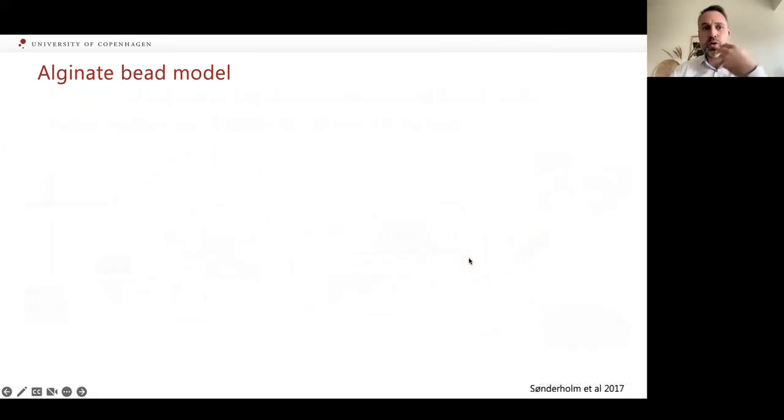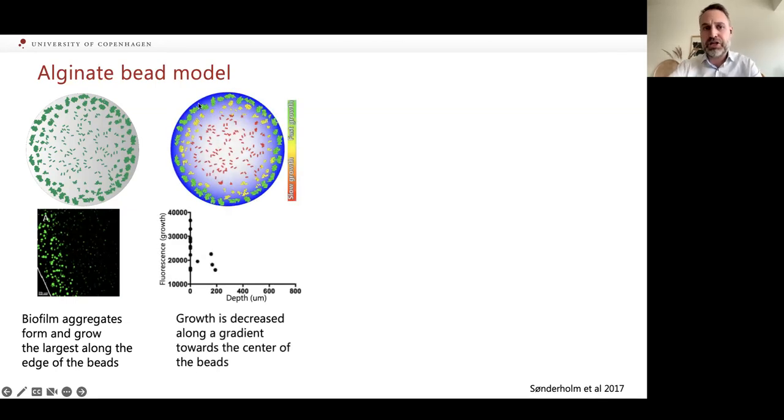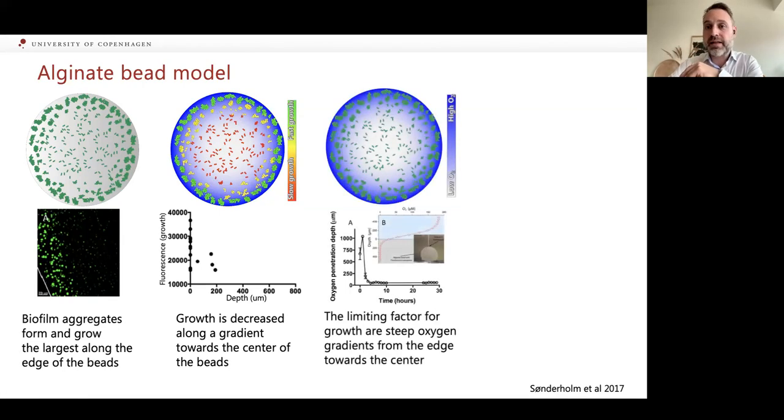And what we found in these systems was that the bacteria on the outside grew into much bigger aggregates than they did on the inside of these beads. By measuring their growth rate, we see that the outer part grew much faster than the central part, which makes sense because the aggregates were smaller and bigger. We could also measure that there were steep gradients towards the center of these alginate beads.